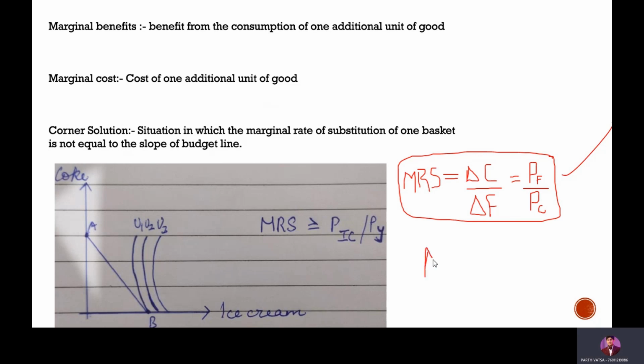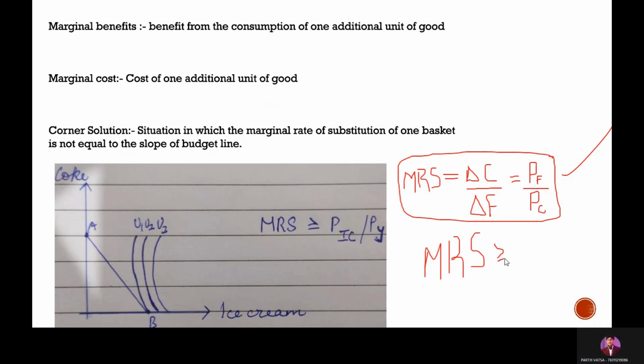But if it is more than or less than that, then I might not actually be satisfied, or my maximum level of satisfaction may not be achieved. So that is what is actually happening over here.